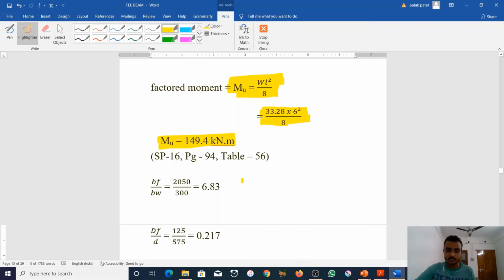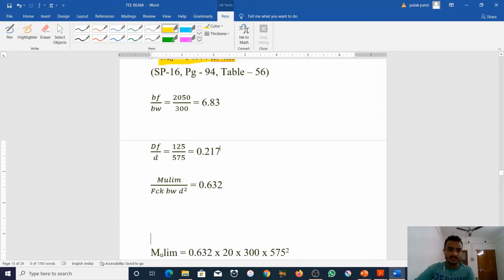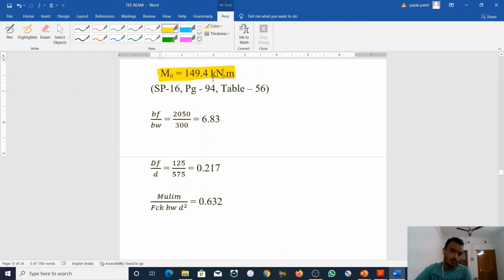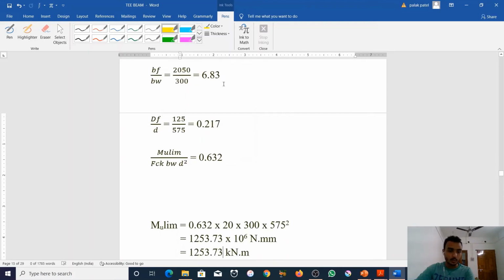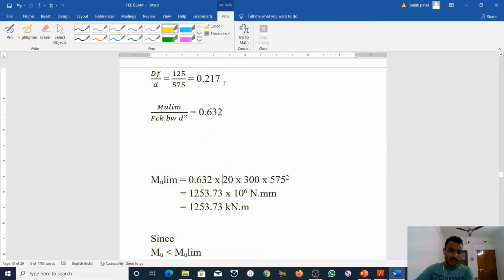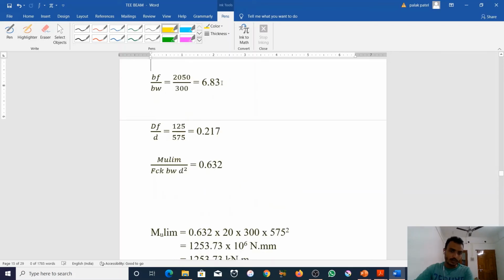So we have to follow SP60 here, SP60 page number 94 table 56. This moment we got here, Mu 149.4 kilonewton meter. But we have to find out Mu limit. So how can we find out Mu limit?